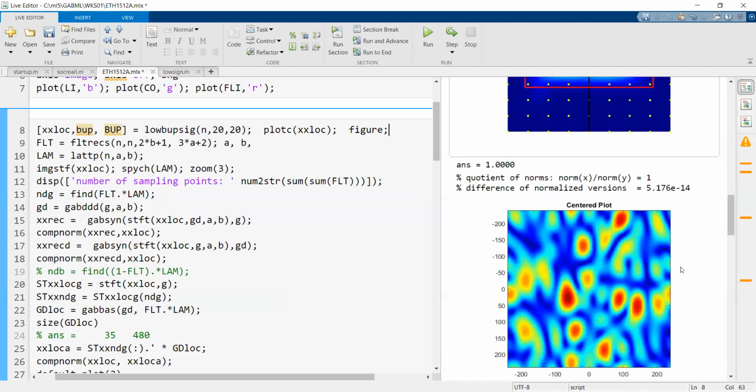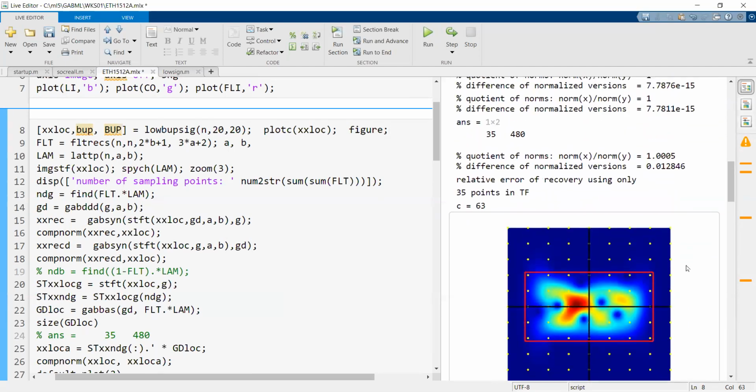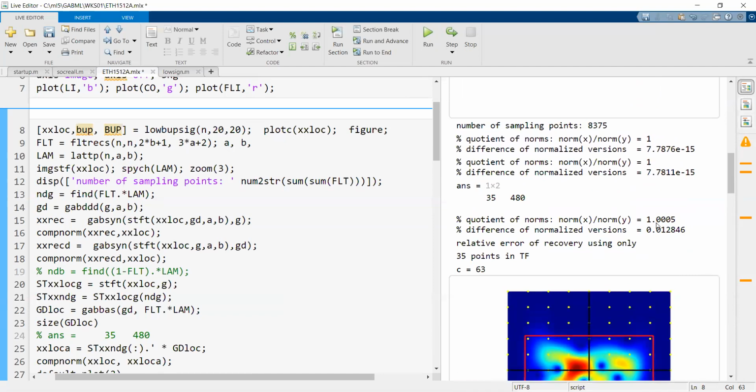Now, here, where is the error? Yeah, here is the non-trivial error. So we are reconstructing from those 35 elements in the domain. And the error is, the signal was a normalized signal. So you see the deviation in terms of size is marginal, but the error is about 1% of the norm of the signal.